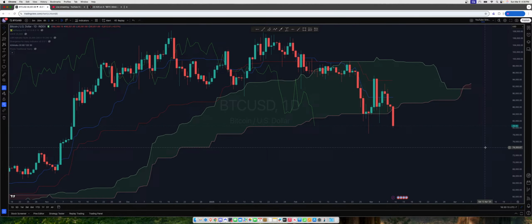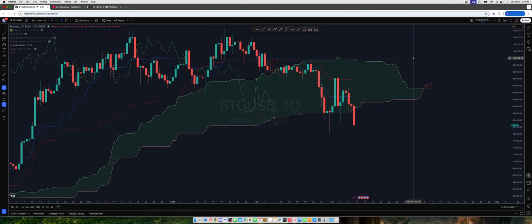The good thing is the next time we actually do get a bullish reset, which is flip the cloud green, bullish TK cross, and price over the cloud, it'll be go time. Again, this could take months and months to play out, unless we get some kind of good news, some sort of event, and then we bounce from here. But right now it's looking pretty hideous.